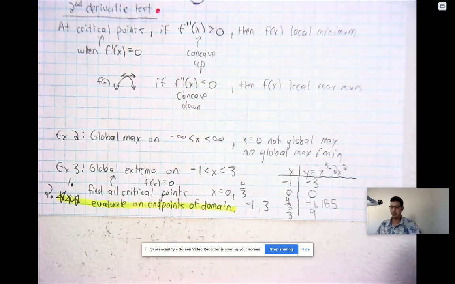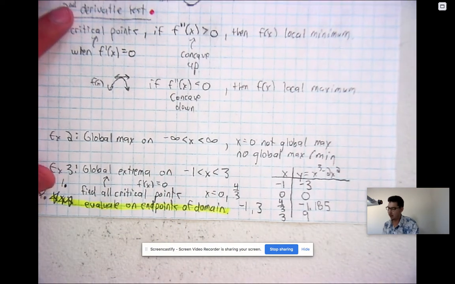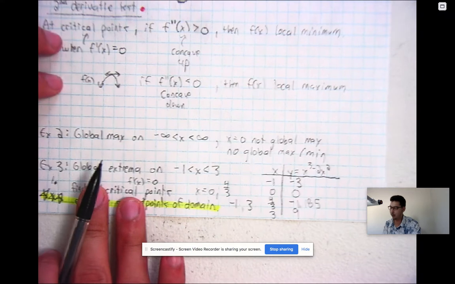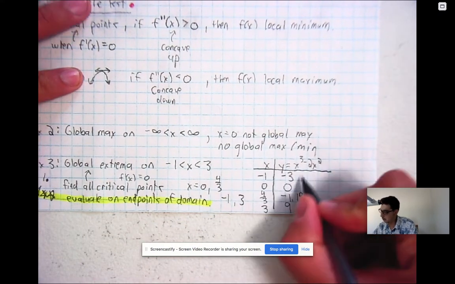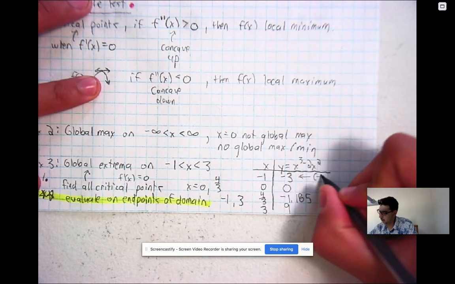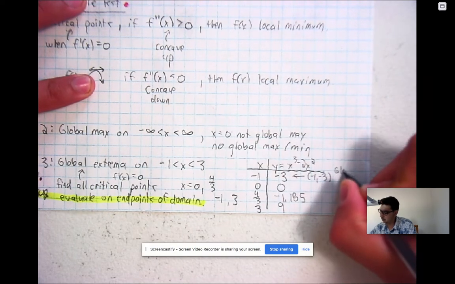So notice now on this domain, what's my global max, my global minimum on this domain? Well, my smallest value is now -3. So now this -1, -3 is my global minimum.